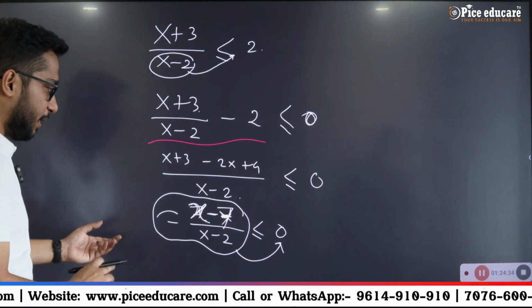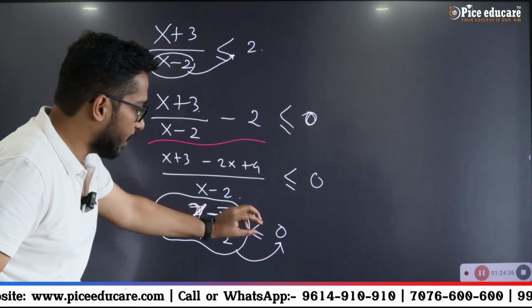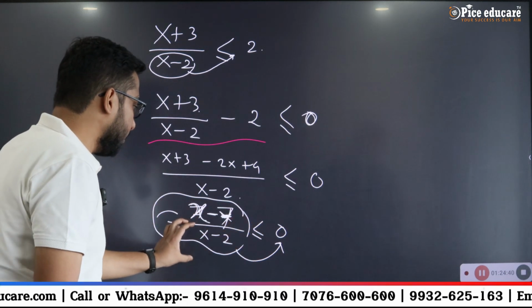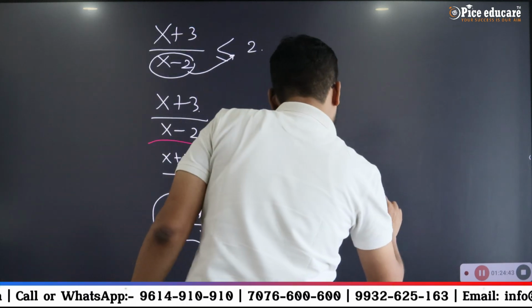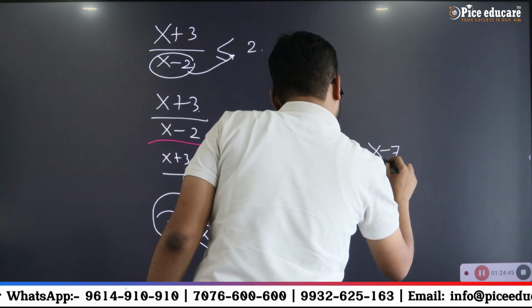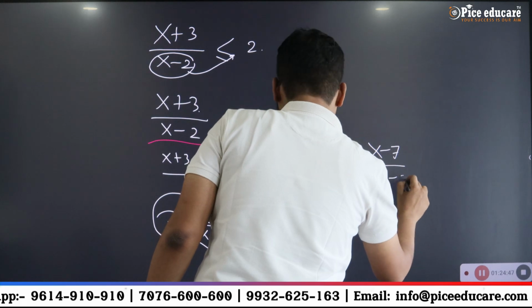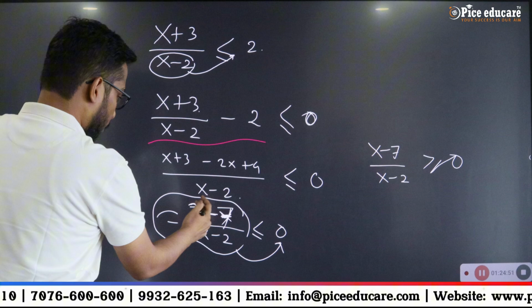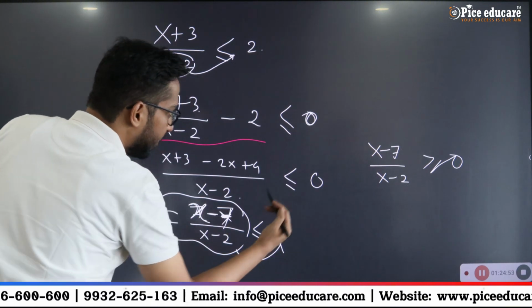Because multiplication means again you have to flip the direction of the inequality. You don't want to do that, you just take this to the other side. So eventually this becomes x minus 7 over x minus 2, and it is now bigger than equal to 0. So this whole thing goes to the right hand side.